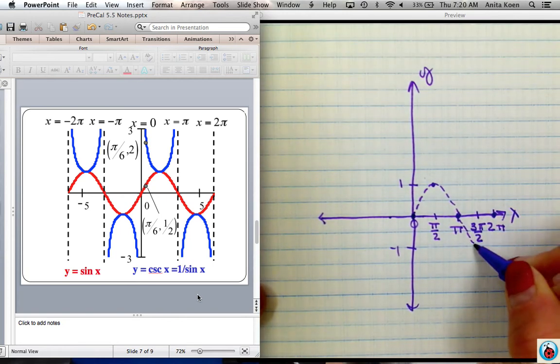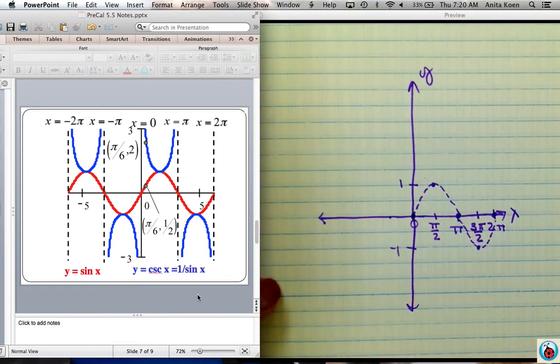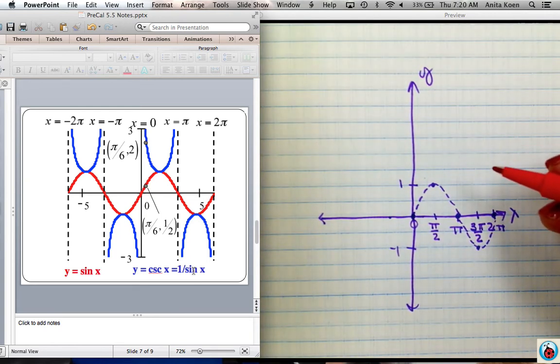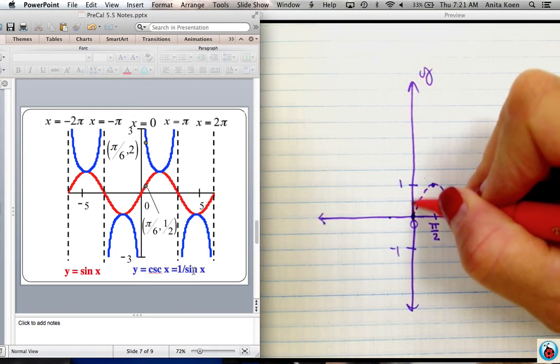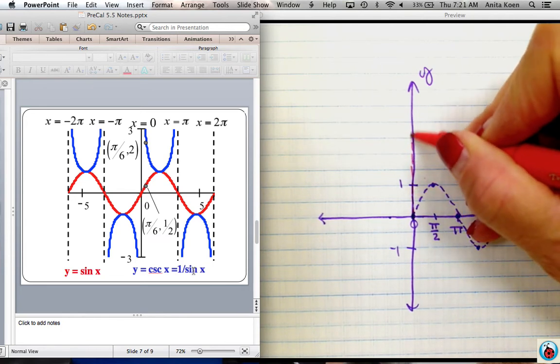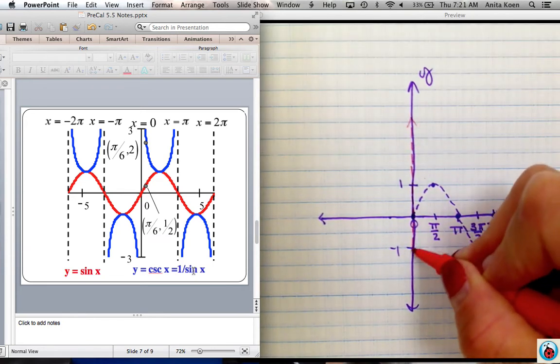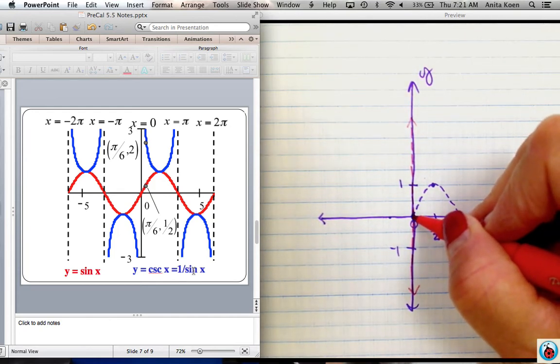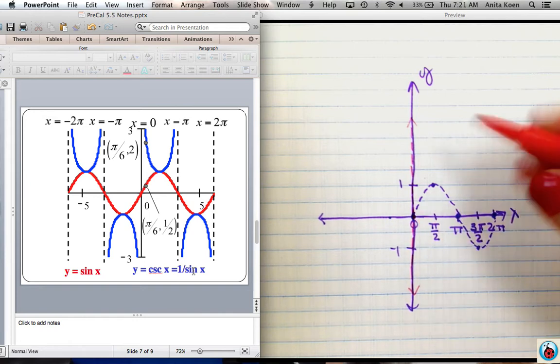I'm going to do it in 2 different colors here so that you can see it. Now, since the cosecant is 1 over the sine, anywhere that the sine is 0, you're going to have the cosecant being undefined. So there's going to be an asymptote right here at 0, because if the sine is 0, then the cosecant is 1 over 0, which is undefined.